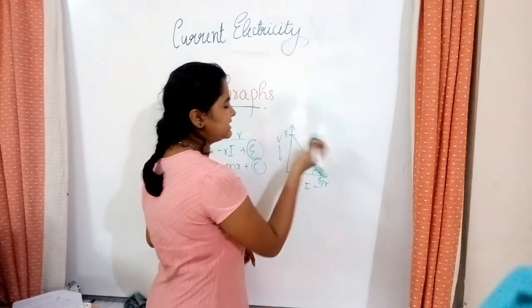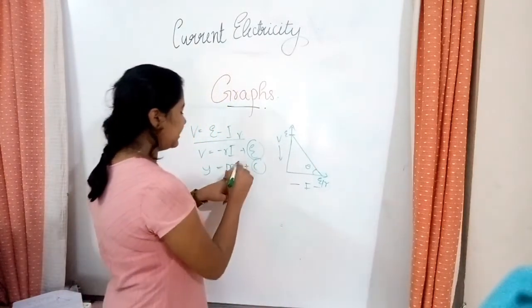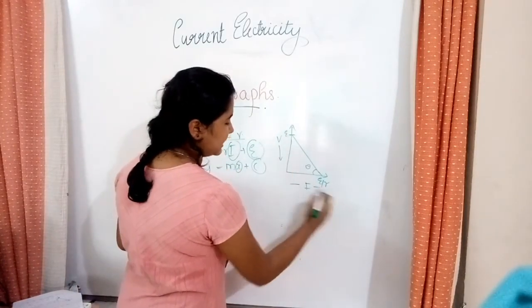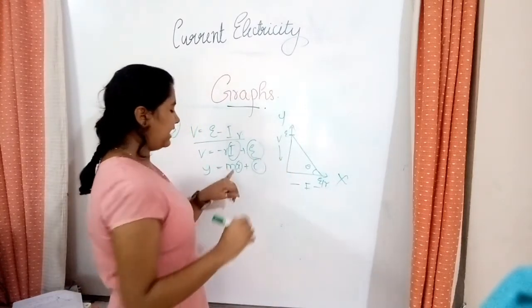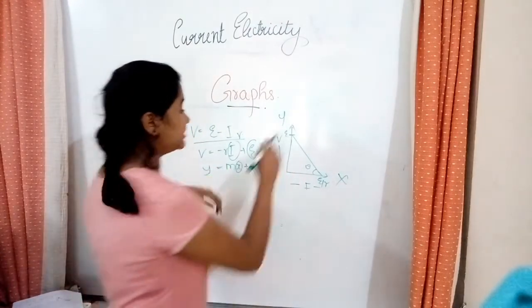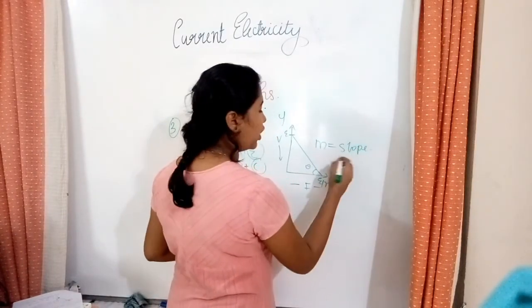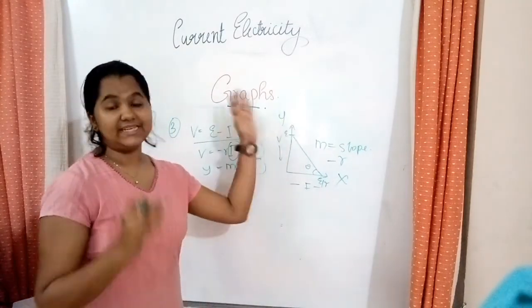See, the y-intercept is over here, that is EMF. And then what is x? The x-axis is I, and the y-axis is V, and m is our slope. M is the slope, and m is minus r. Okay, so that is why this is a declining slope.